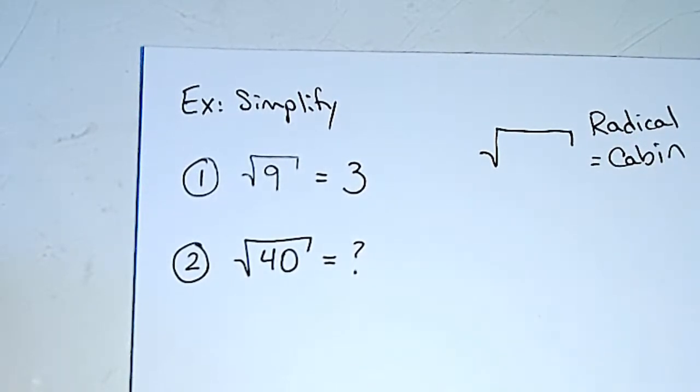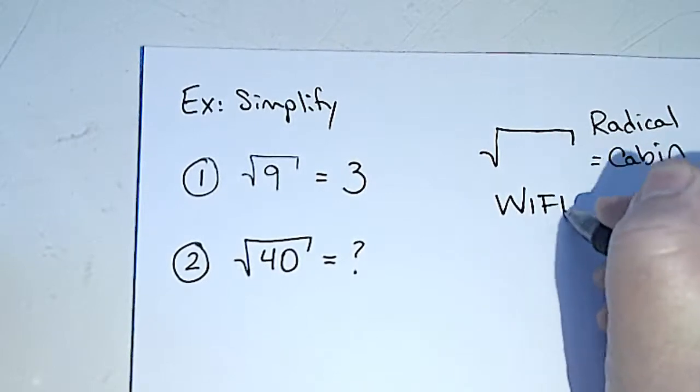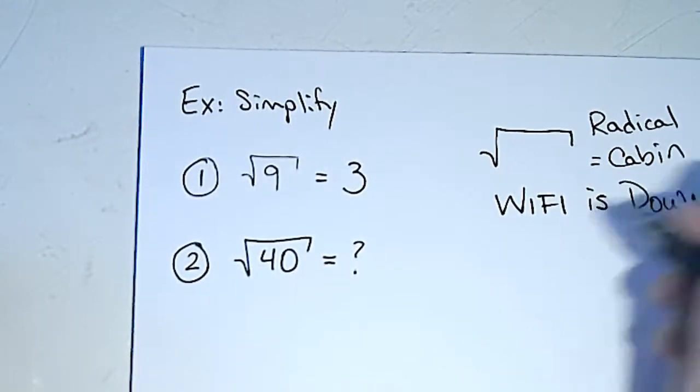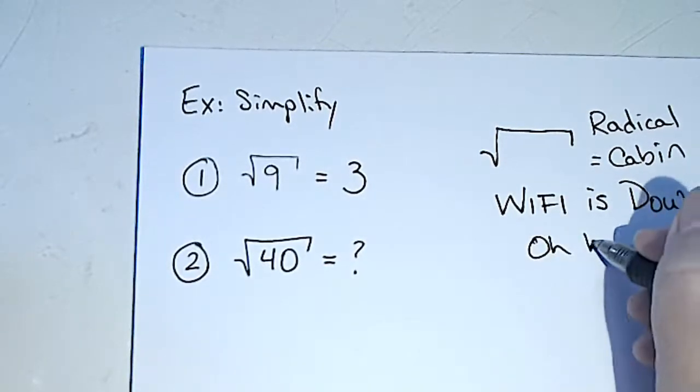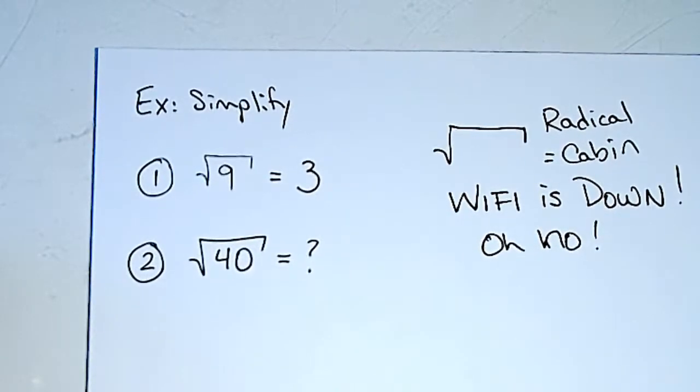It's a cabin in the woods. And a terrible thing has happened. In this cabin, you're all there with all your friends, you're having a great time, and suddenly the Wi-Fi is down. Oh no. So what are we going to do? Well, we're going to have to get everyone out of the cabin.